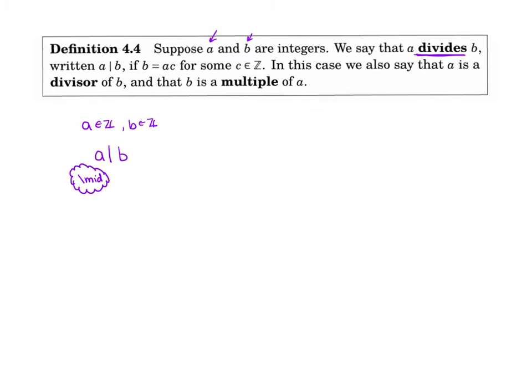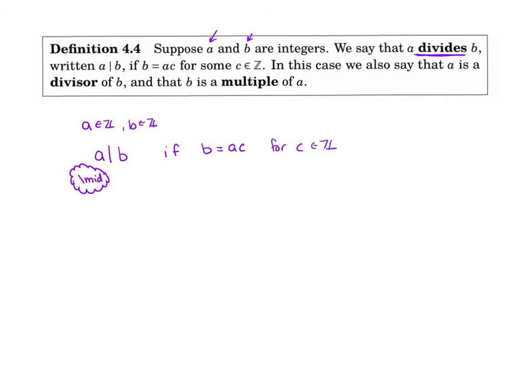So I'll just pop that in there for you. A divides B if B is equal to A times C for some C in Z. So there exists some C in Z such that B is equal to A times C. All right, so that's kind of hard to picture exactly what that means.